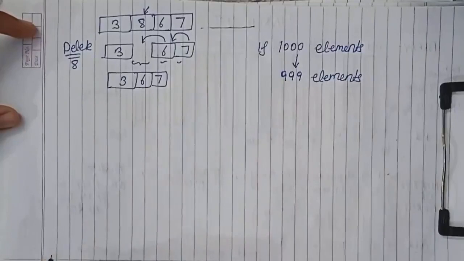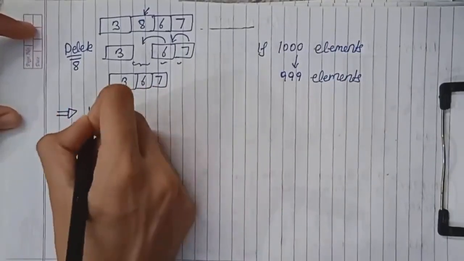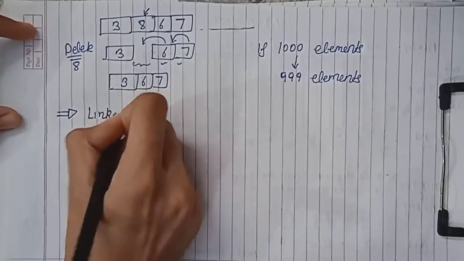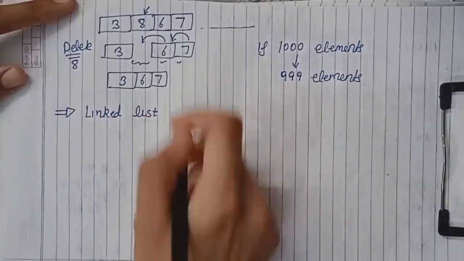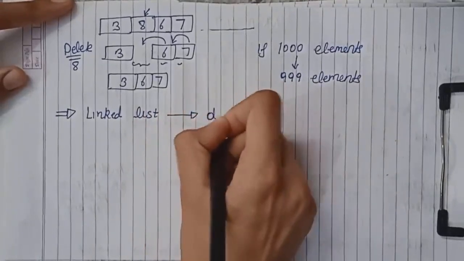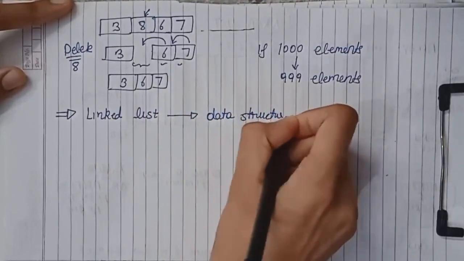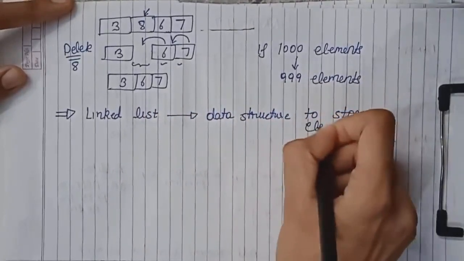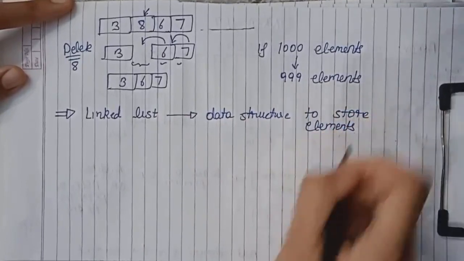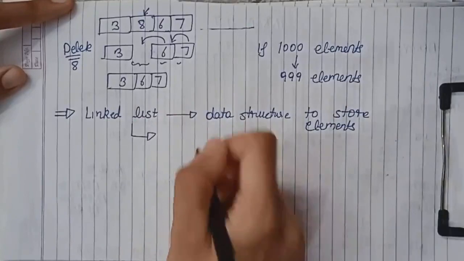So now to solve this problem of arrays, we have the linked list. A linked list is another data structure to store elements. In a linked list, there is no continuous memory allocation.